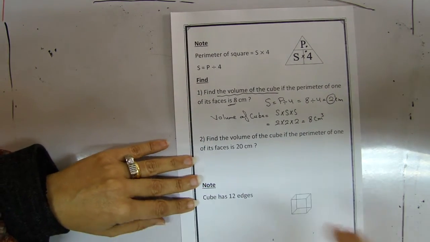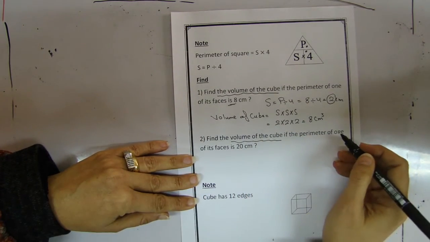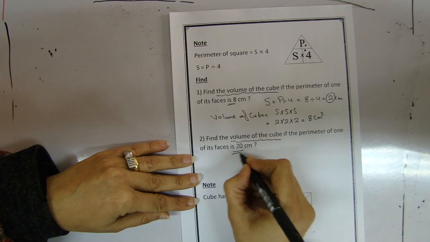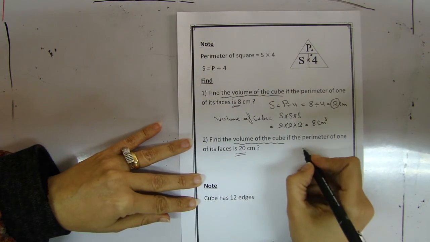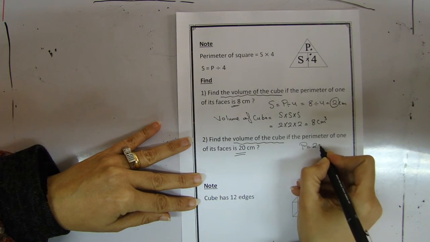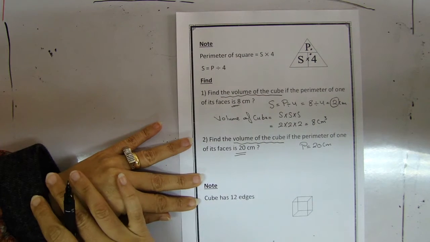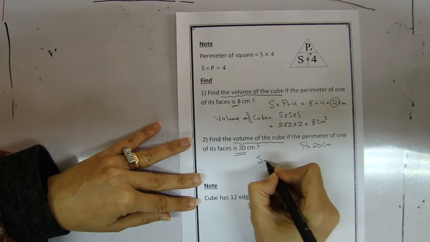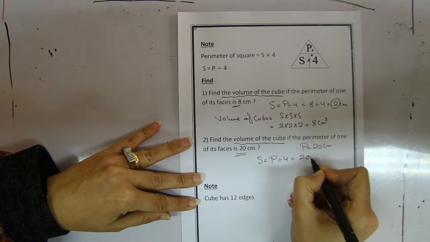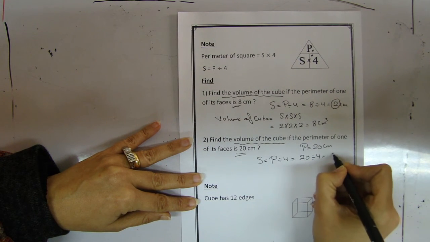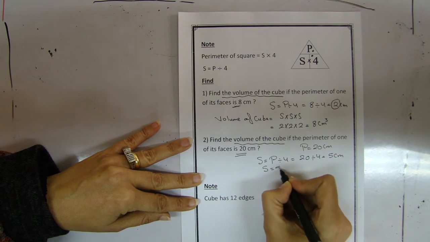Another one. Find the volume of a cube if the perimeter of one of its faces equals 20. Perimeter equals 20 centimeters. We want the side to get the volume. Side equals perimeter divided by 4 equals 20 divided by 4 equals 5 centimeters.